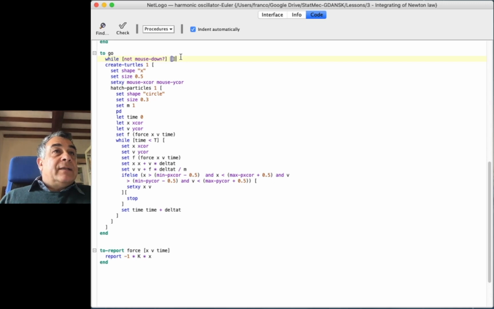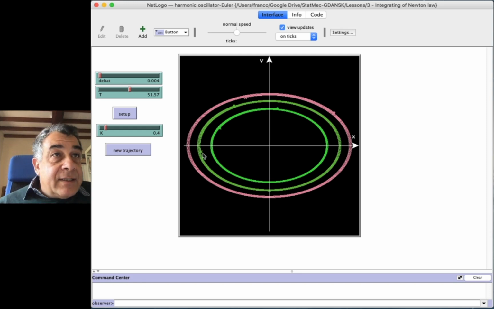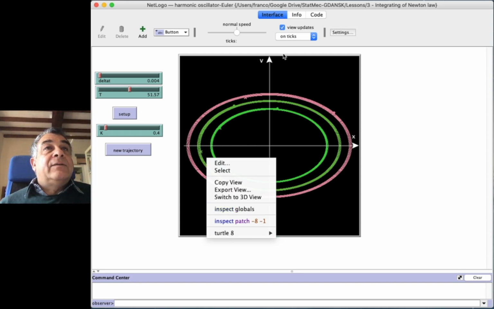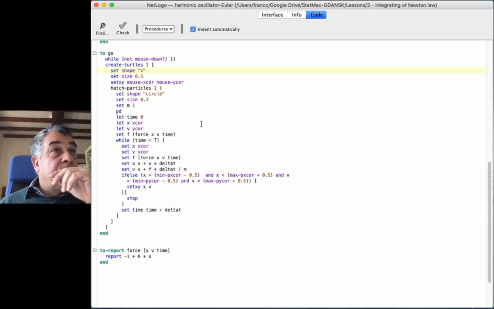So I wait until the mouse is down, and then I create one turtle, which takes the shape of an X. This is the turtle that stays here and does not move. I set the size, then it places itself at the position where I clicked, and this turtle creates another turtle.